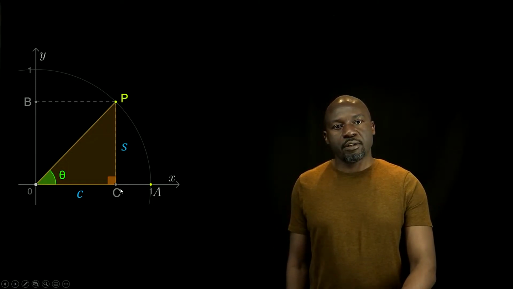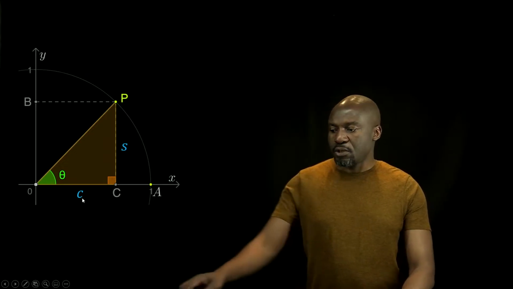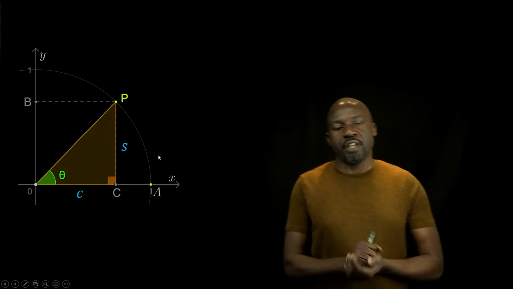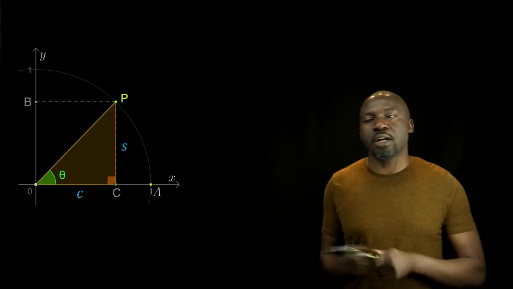The height of P is represented by the letter S. The horizontal distance of point P from the y-axis is represented by C. So, looking at this, we can use our original definitions for sine, cosine, and tan, basically SOHCAHTOA.